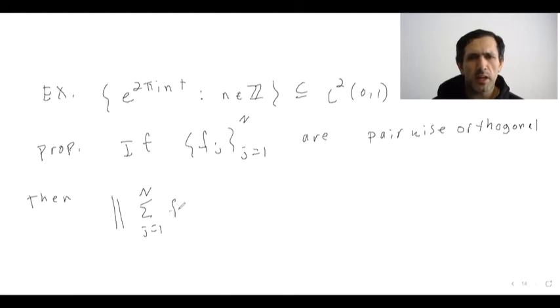So by an easy induction, this is going to be equal to, well, just use Pythagoras' theorem, basically, an induction. The norm squared of the sum is the sum of the norm squared.